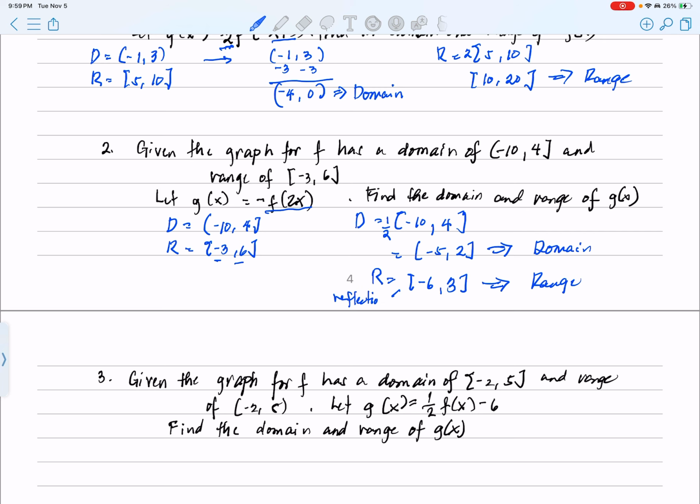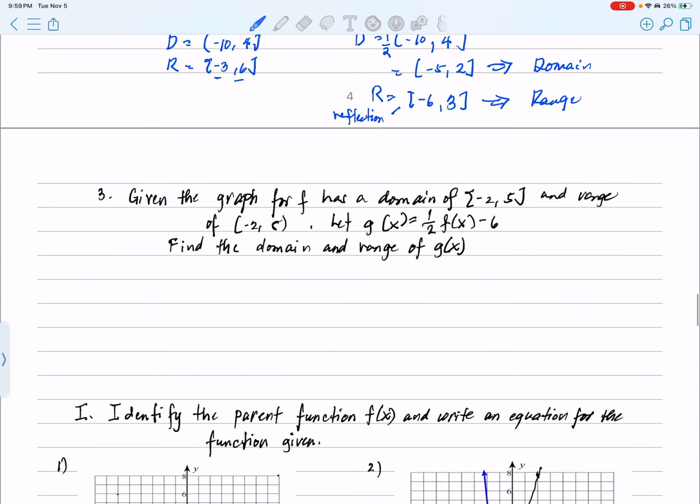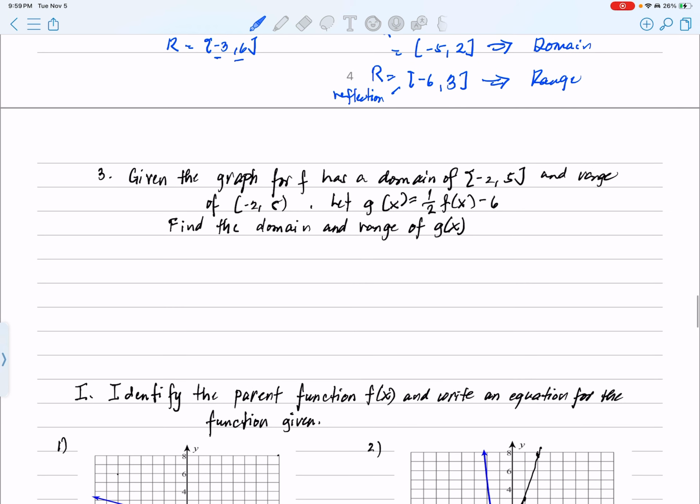Okay, let's have 3. Given the graph f has a domain of inclusive 2 and 5, 2 to 5, and the range is negative 2 to 8. Okay. What does it say here?